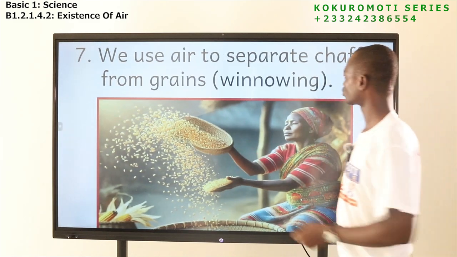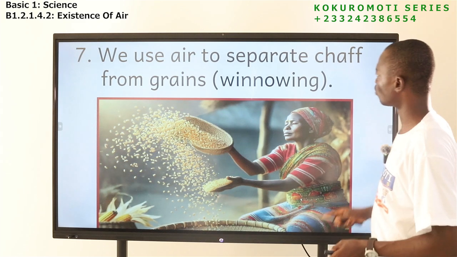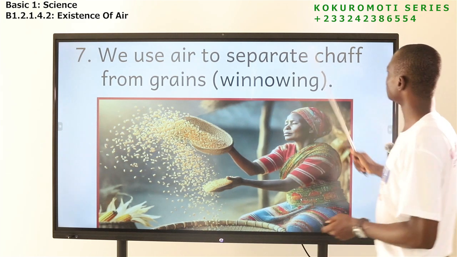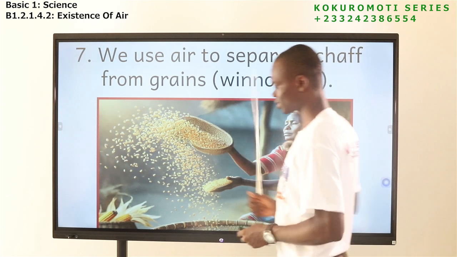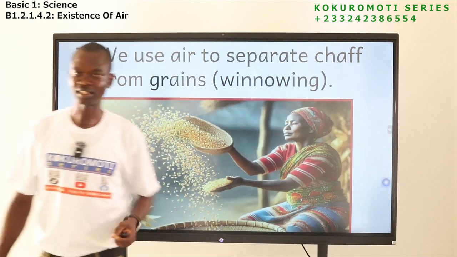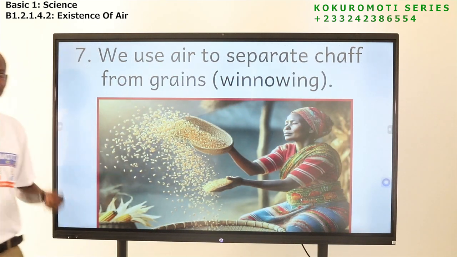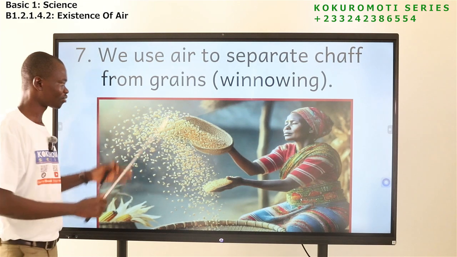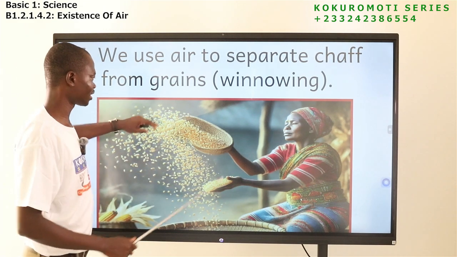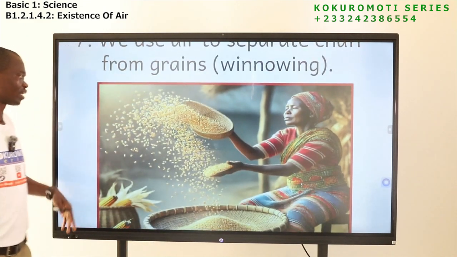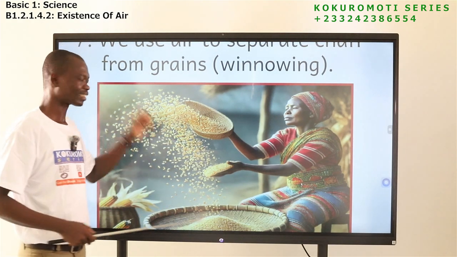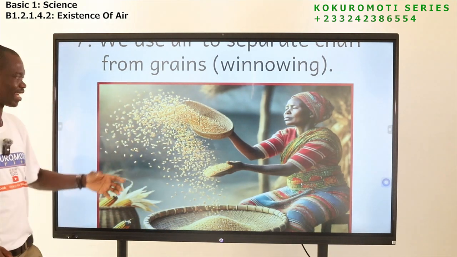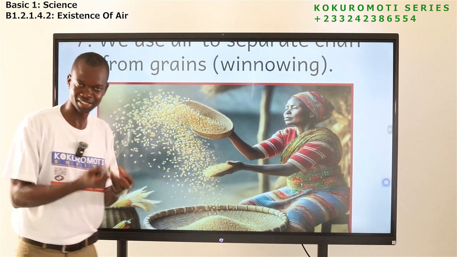I made mention of winnowing. So we use air to separate chaff from grains. If you go to some places, the women, the men, especially farmers, after they have harvested their maize and removed everything, you see that the maize grains and some other particles will mix.